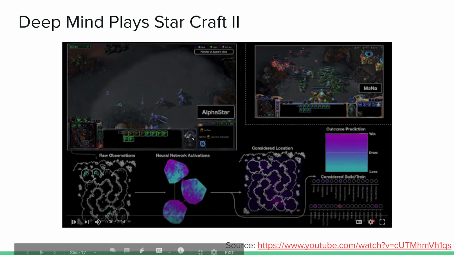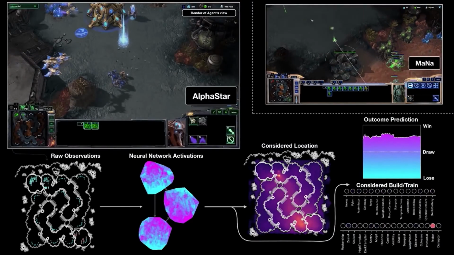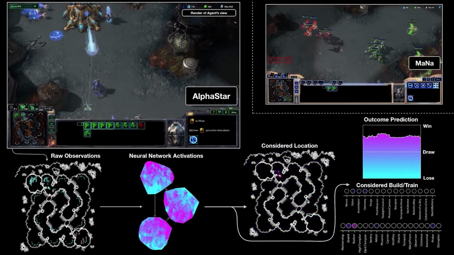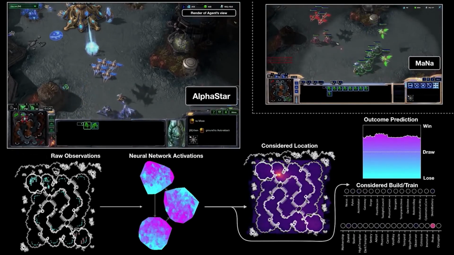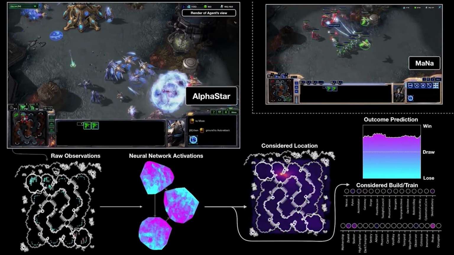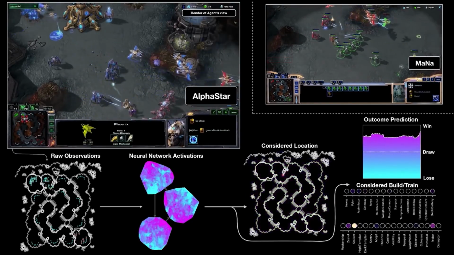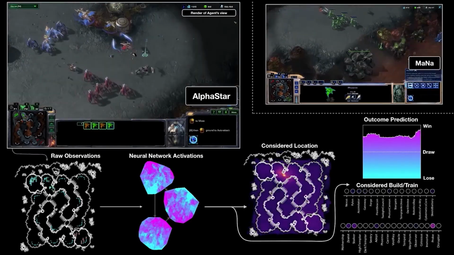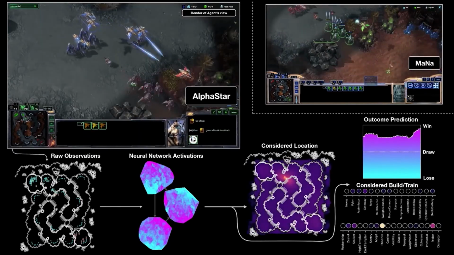So let's take a look. What they have built is a machine, AlphaStar in this case, that takes as an input images, frames of the computer game itself, including some information about the environment in such a way that it can process this.